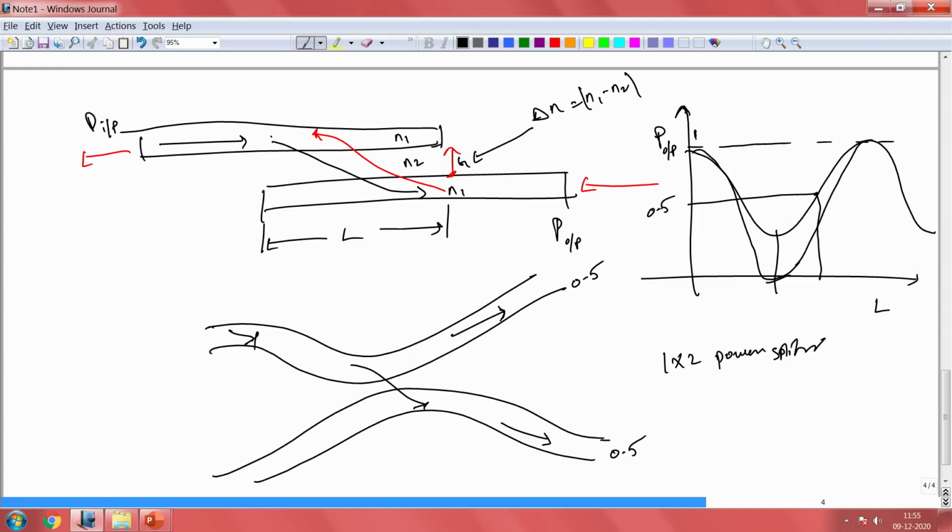So, where do we use this? We use this for proximity coupling. Later on we will see we want to split off a little bit of light in order to create a cavity, in order to detect what is happening here.